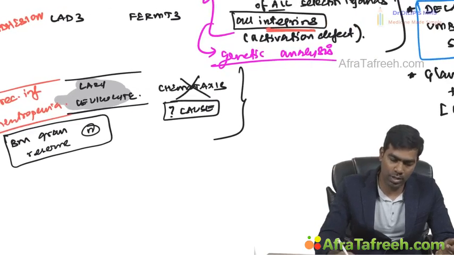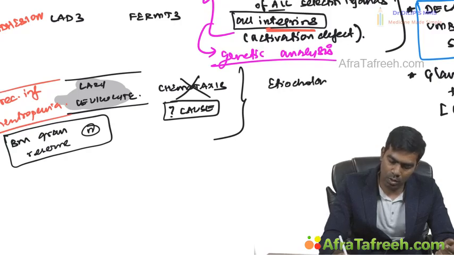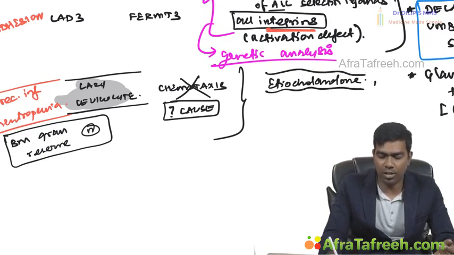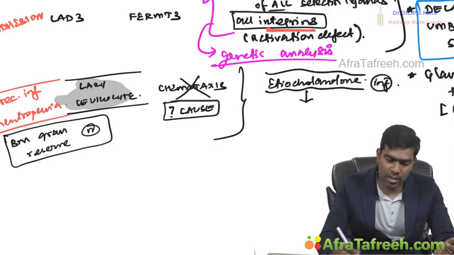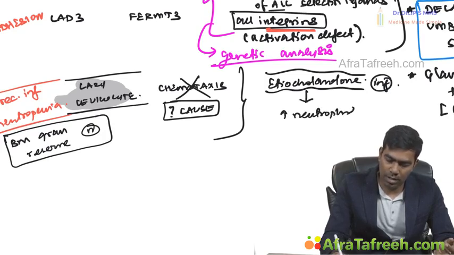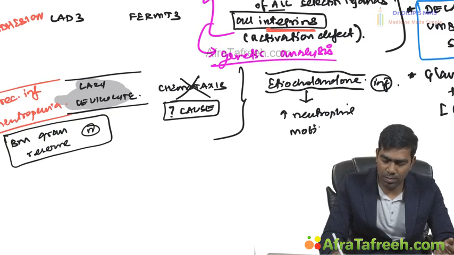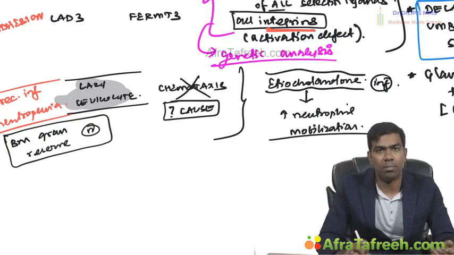You are going to use a test called the etiocholanolone test. Injection of etiocholanolone normally results in increased neutrophil mobilization, which means after injecting this, you have to see an increased amount of neutrophils in the blood, or neutrophils should be released out of the bone marrow.